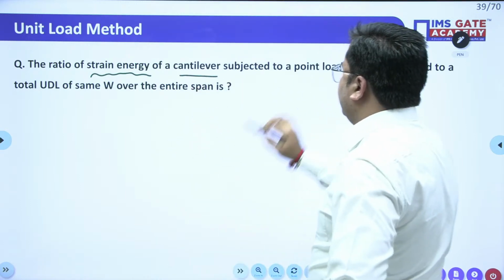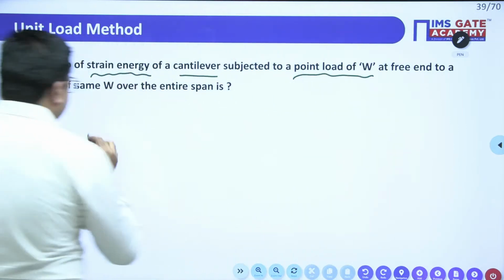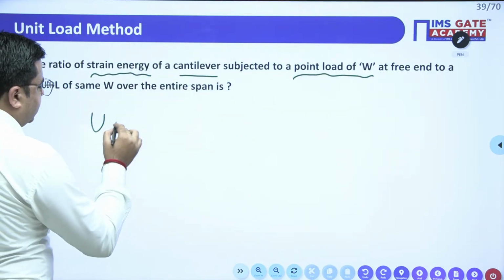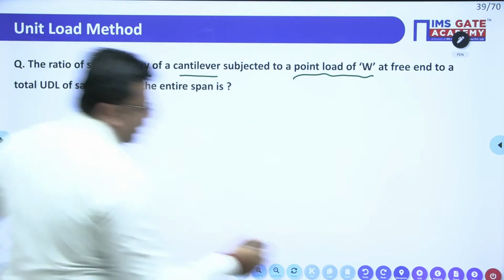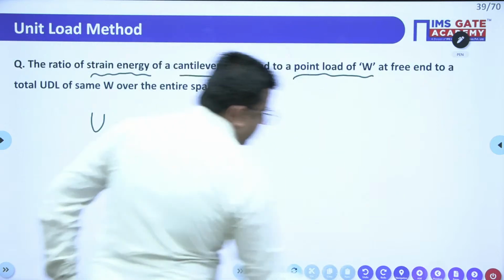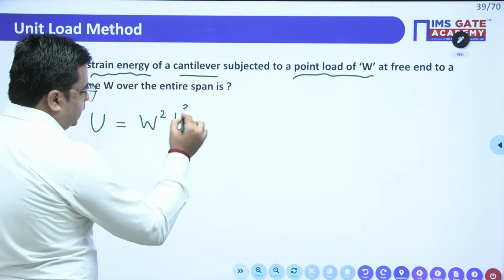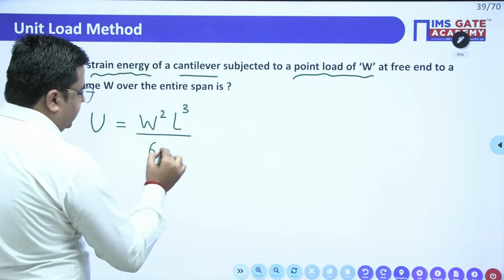For a cantilever subjected to a point load, okay? So the strain energy due to a point load is equal to W square L cube upon 6 EI.